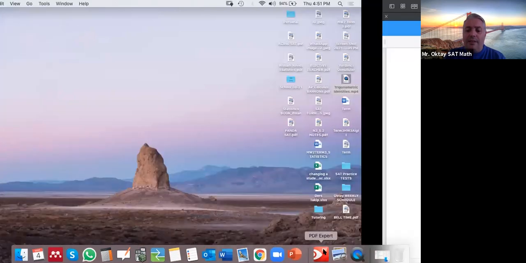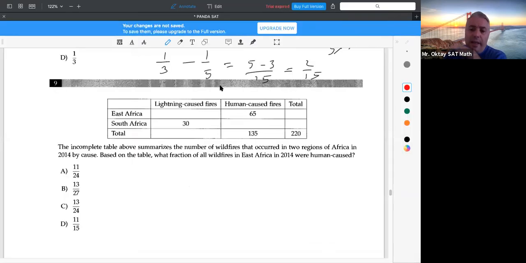Now, let's go now. Again, there's a table, two-way tables. So what can I do? First of all, if this is 65, to get 135, what should it be? 5 minus 5 is 0, and it is 70, right? And yes.